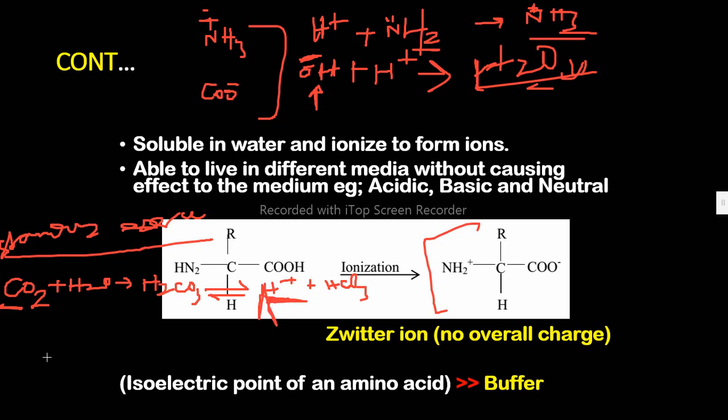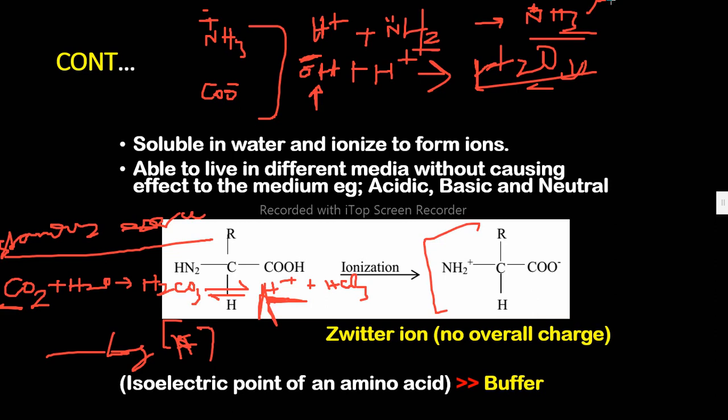Now, these hydrogen ions can alter the pH of the cell. Remember, pH is measured as the negative log of the concentration of hydrogen ions. But when you remove these hydrogen ions from the solution by combining them with this amino group and you form this compound, then the pH won't change.